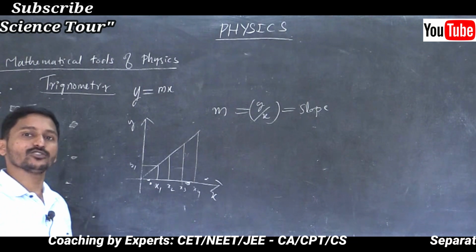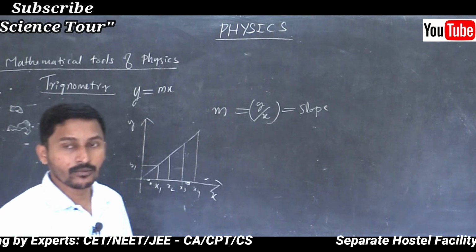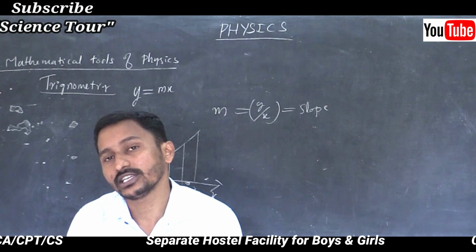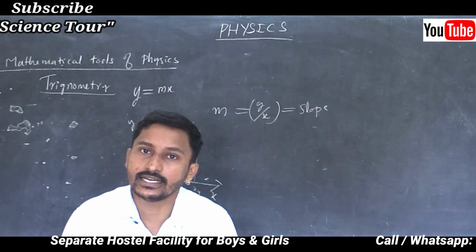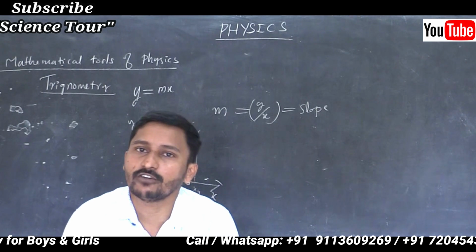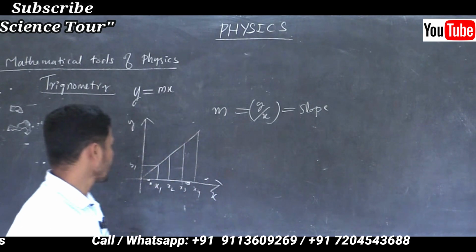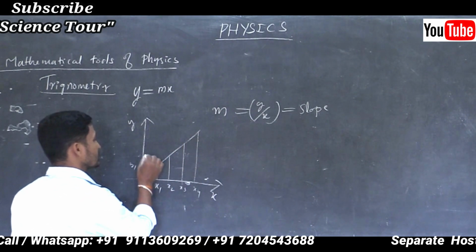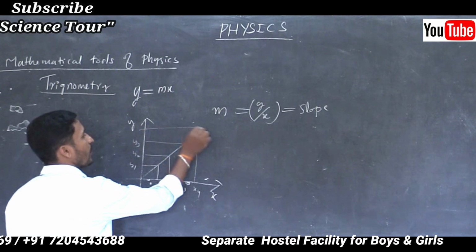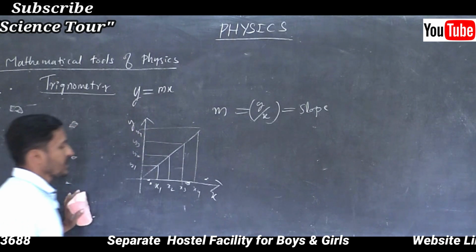I can write 1, 2, 3, 4 also, no problem. Generally, I am going to write x1, x2, x3, x4 like that, and y1, y2, y3, y4 like that. So on the y-axis also this is y2, y3, y4, isn't it?